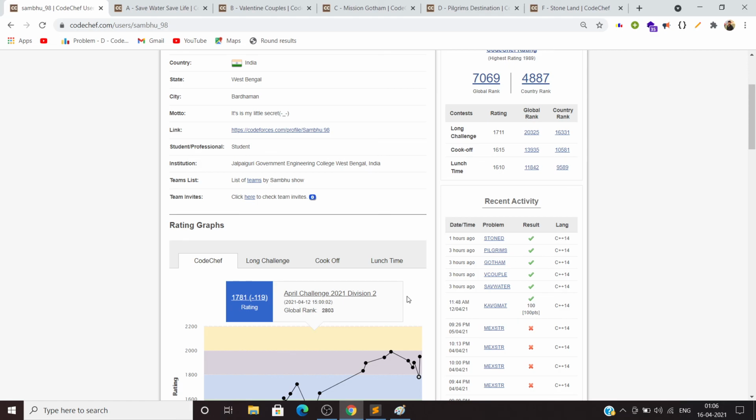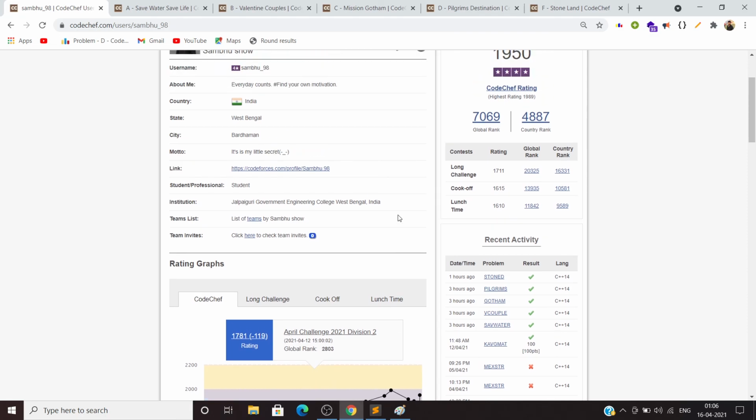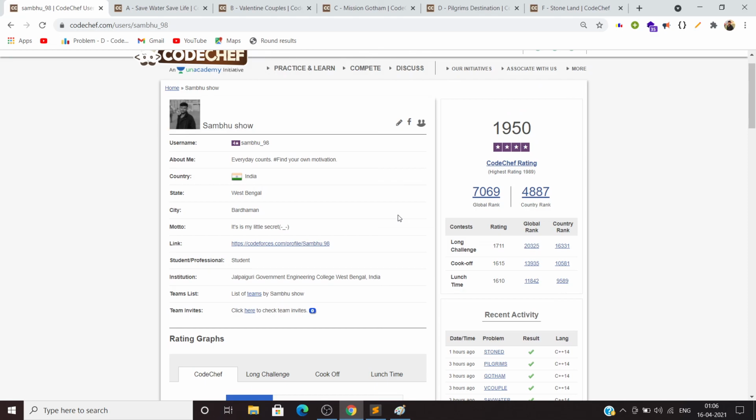If I had not done it, I would have been a 5-star coder now. Because of it, I got very much minus, and doing long challenges nowadays is very frustrating because all the solutions get uploaded on YouTube. From now I will be skipping all the long challenges. Short contests will be the main target.